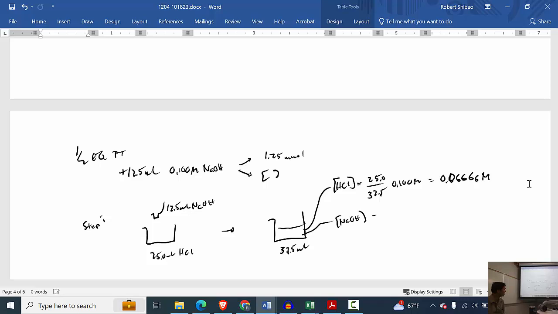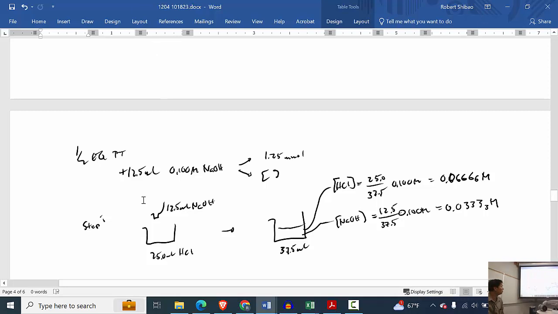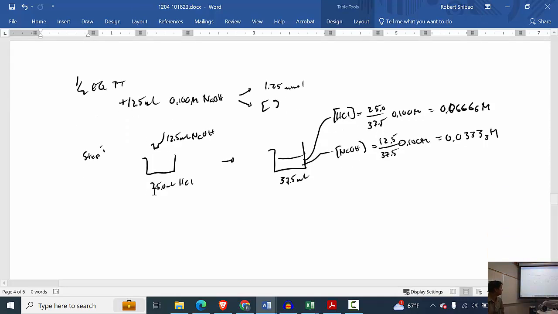Then we're going to do the sodium hydroxide. The sodium hydroxide is going to be 12.5, so half as much of a dilution factor. The concentration of the original is the same, so this is going to be 0.0333 molar. I never round these. I just carry an extra digit. Avoid rounding. Now we have the reaction mixture, and this is what we start with here in step 1.